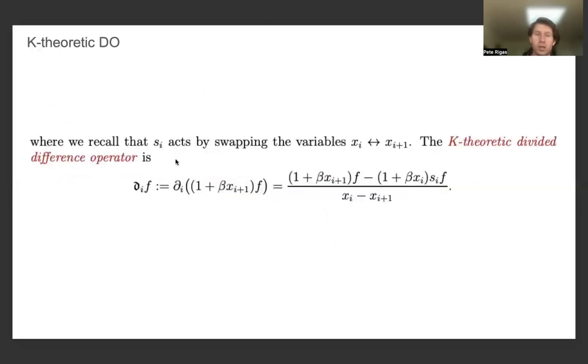And so, as we had alluded to much earlier in the presentation, there's a K-theoretic version of this difference operator.